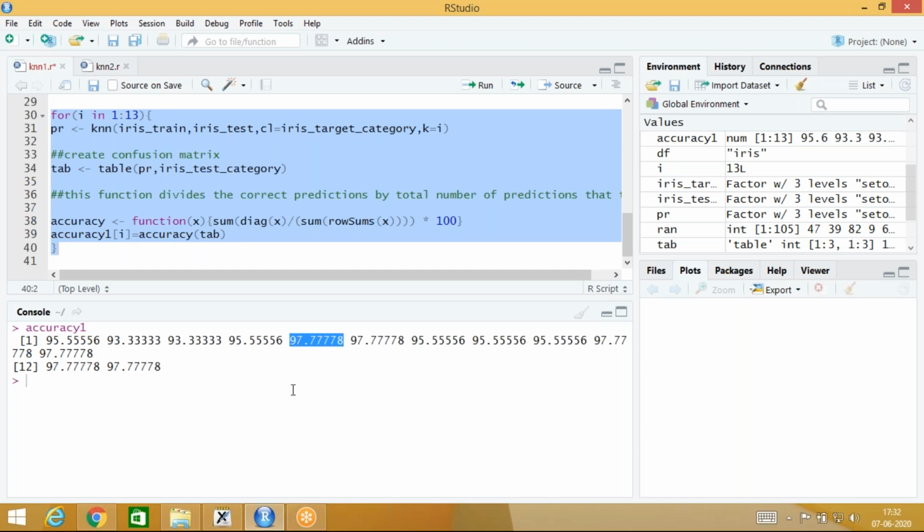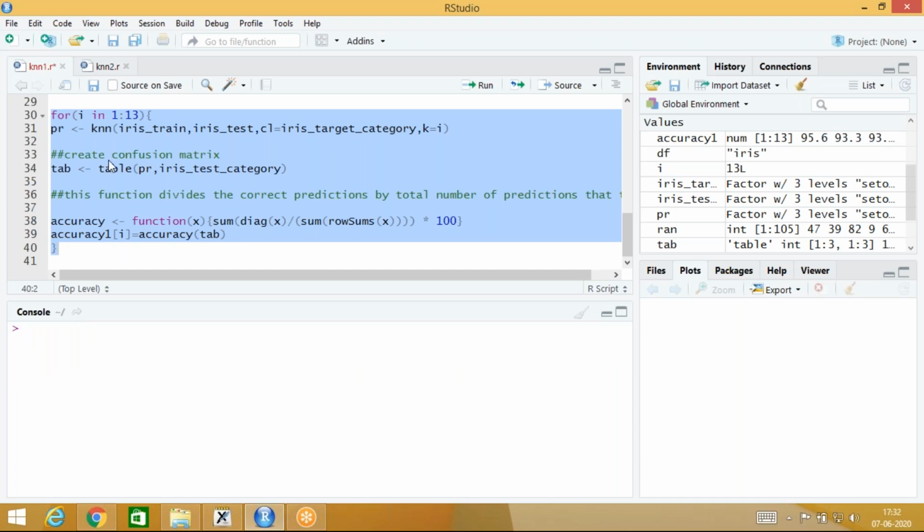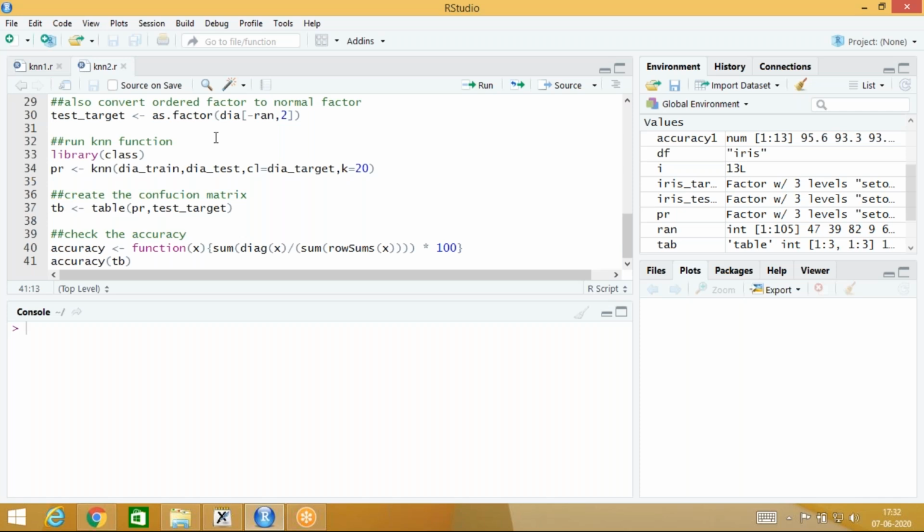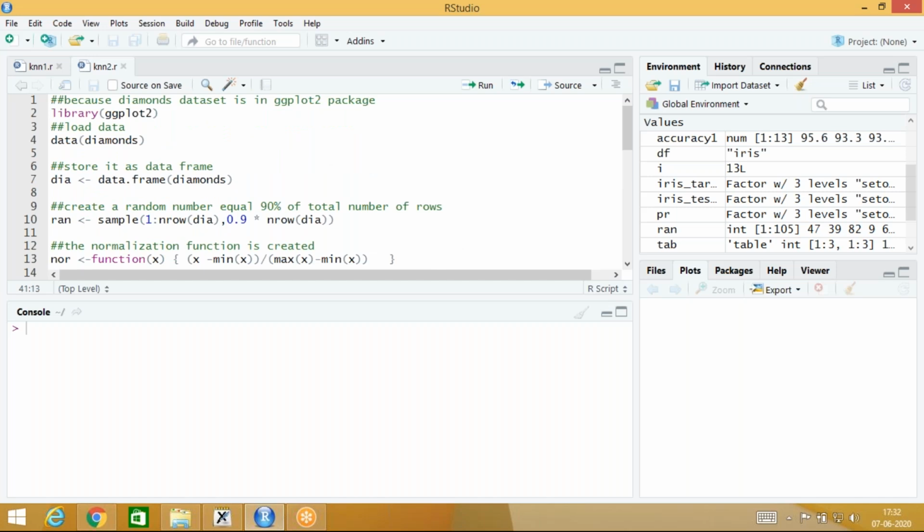Okay, great. So I will take a 10 minutes break, but there is no break for you guys. For you guys, it is a 5 minutes break. And then, this is another data set. The same problem has been implemented in another data set, the knn2.r file. My ask from you guys is to run it one by one on your own computer and check if any step you are not understanding.